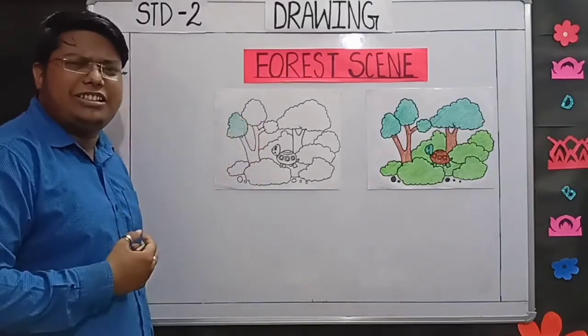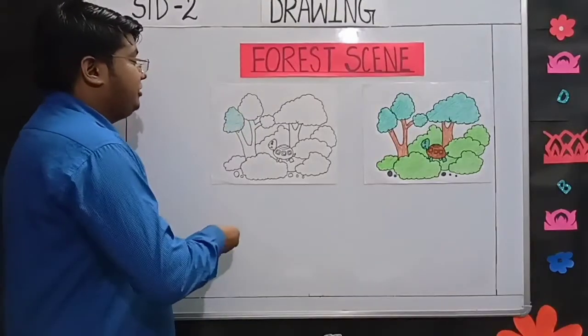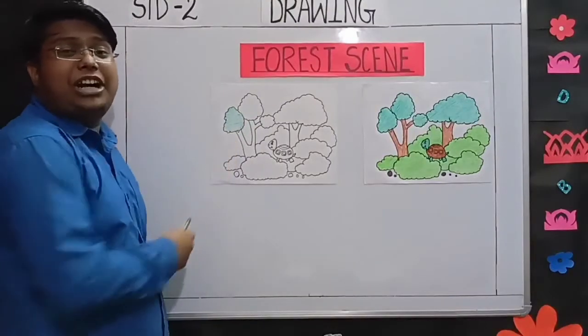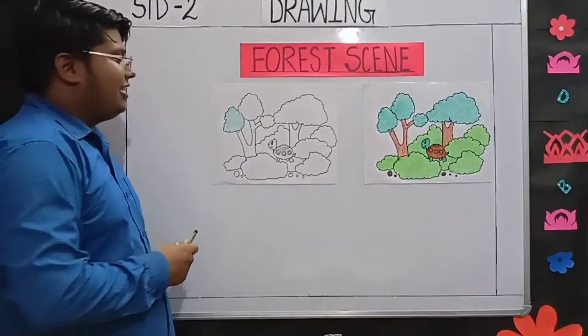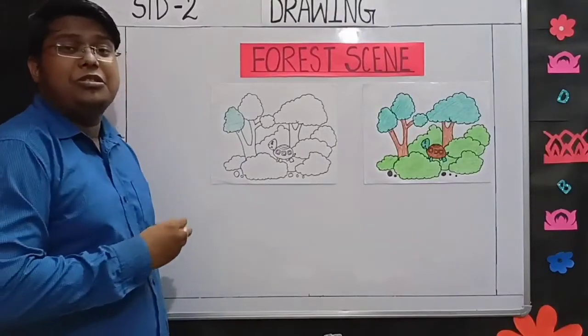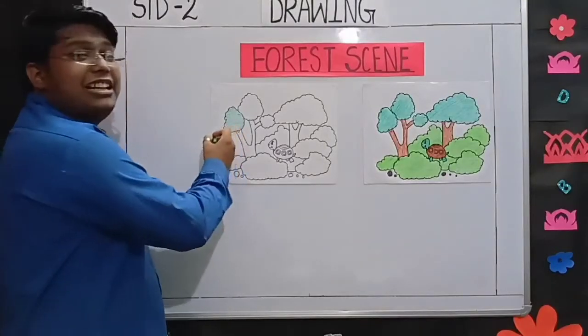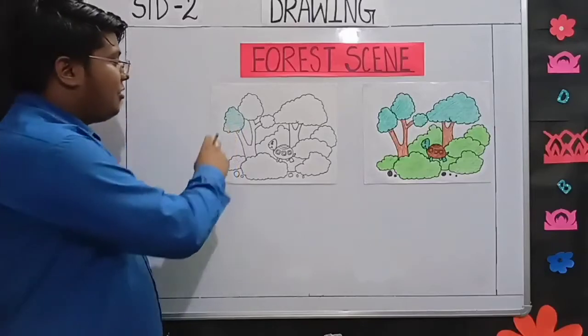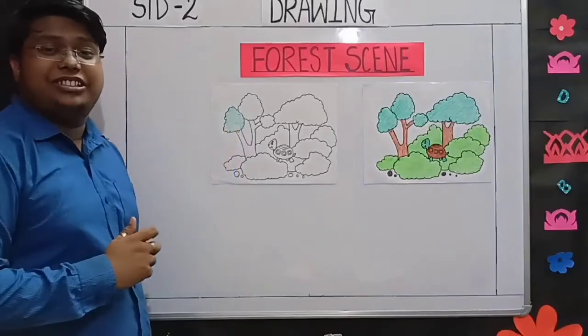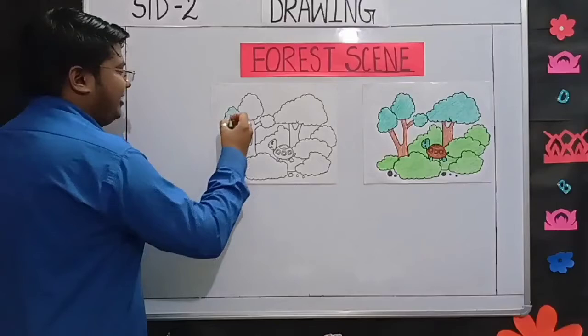It looks attractive. Students, as you can see, there are many white portions in the drawing. Now, what to do? We will just color it once again to hide all the white patches here.